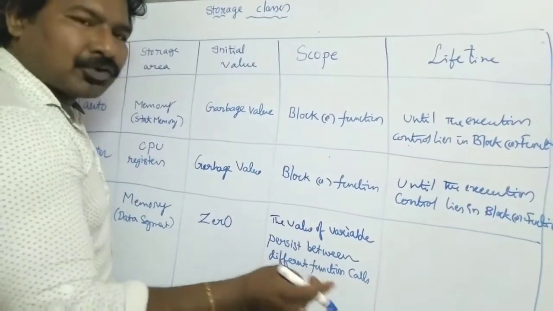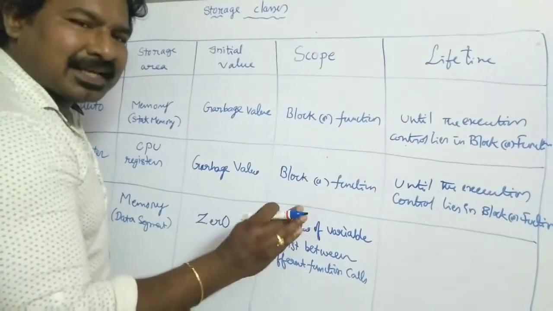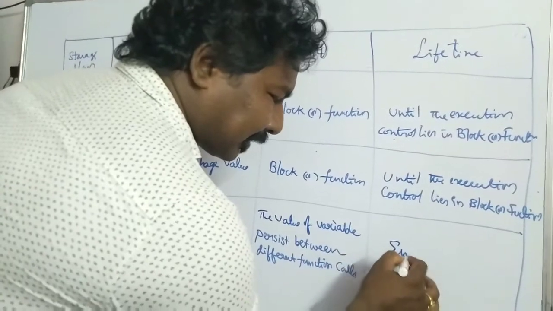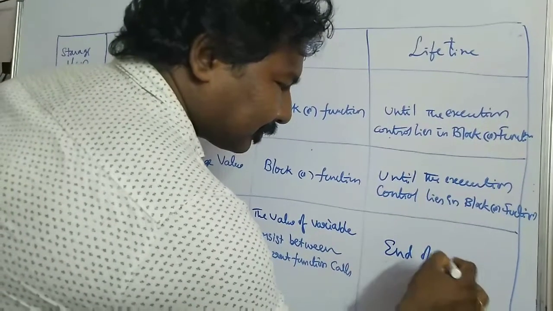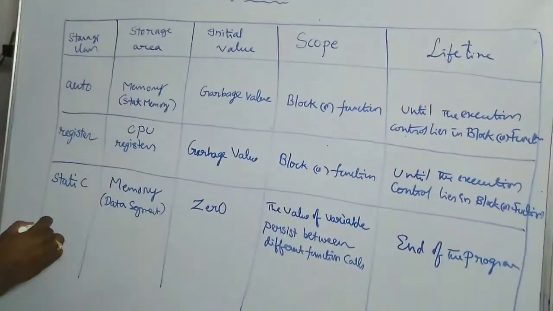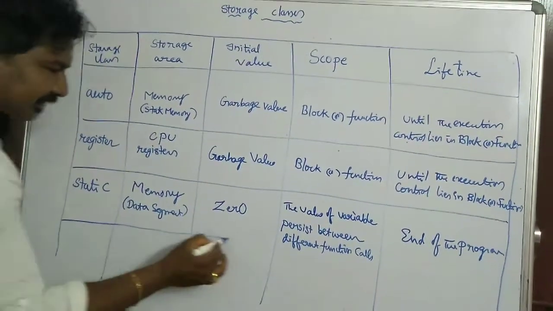That means even when you come out of the function, the value is still available in the memory. So what is the lifetime? The lifetime is the end of the program. Okay, this is about the static storage class.